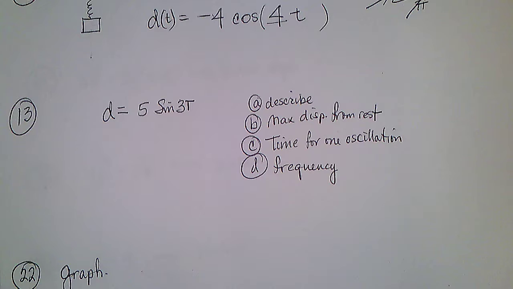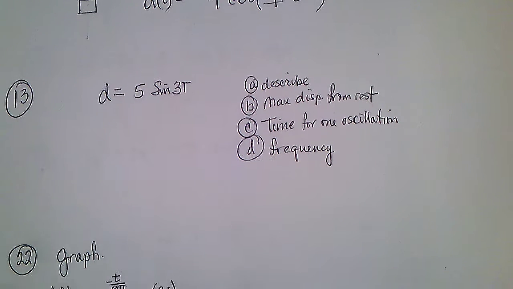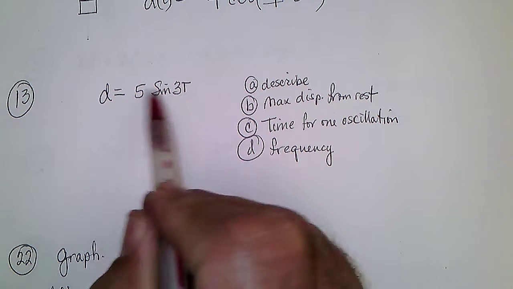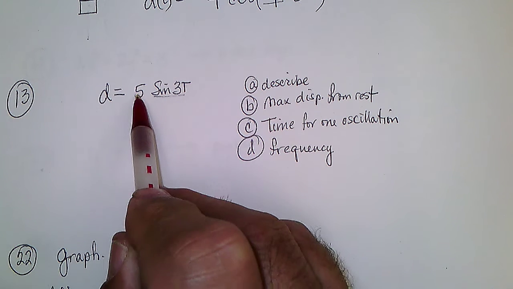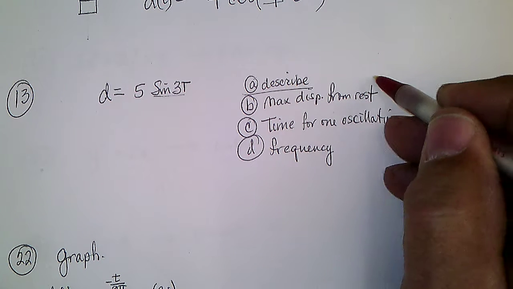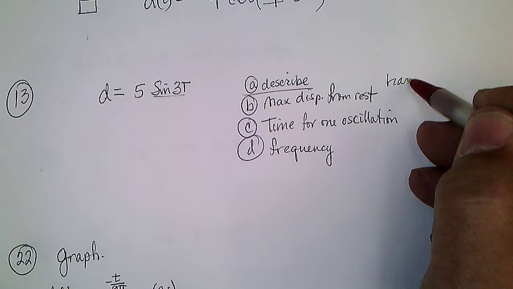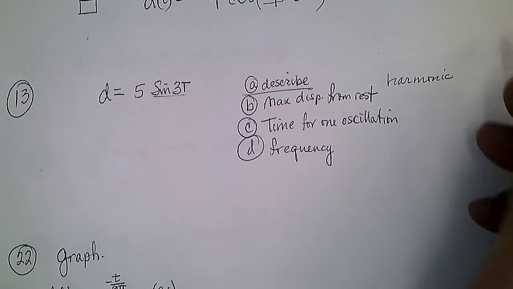All right, 13. Got a periodic motion, and so the displacement is figured out by 5 times the sine of this. What is this? This is periodic harmonic motion, or oscillating motion.